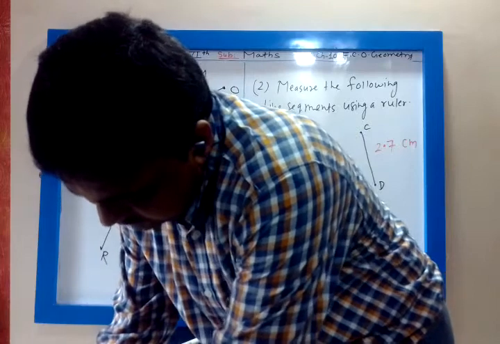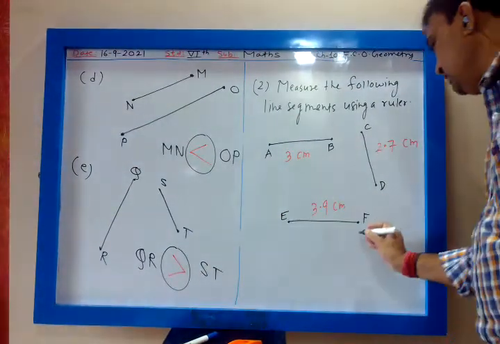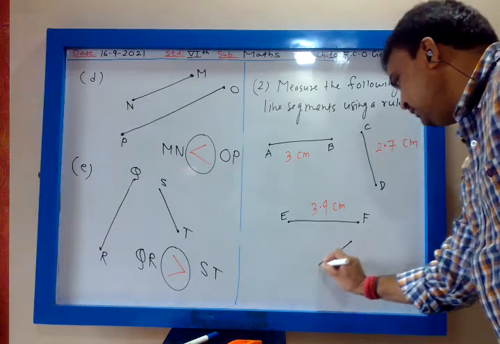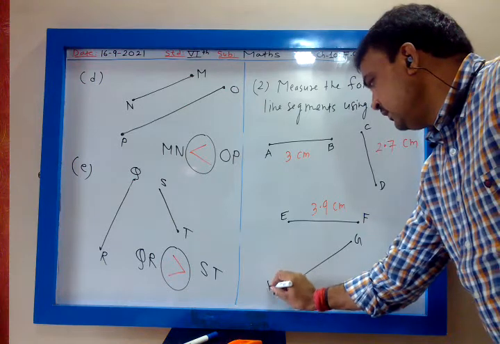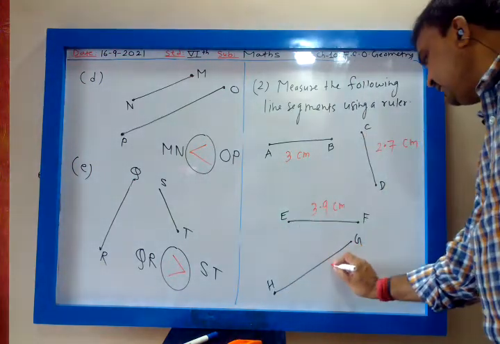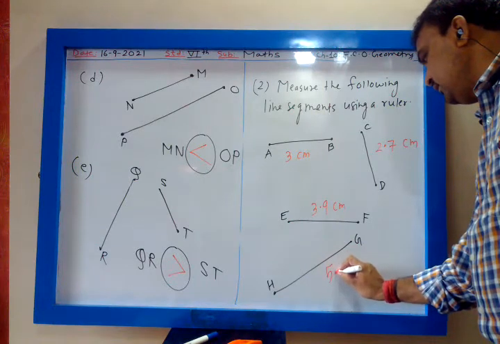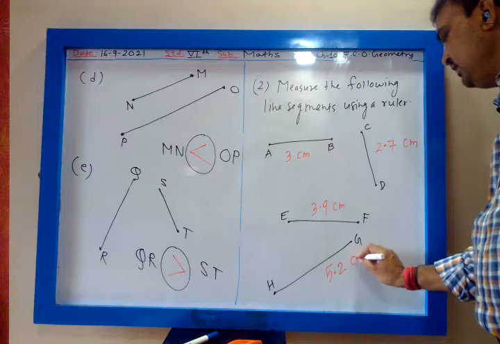Then one more is given, GH. GH is 5.2 centimeter.